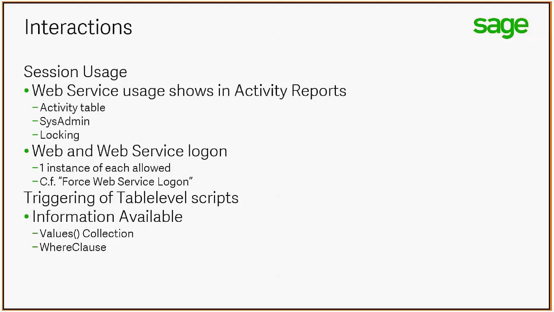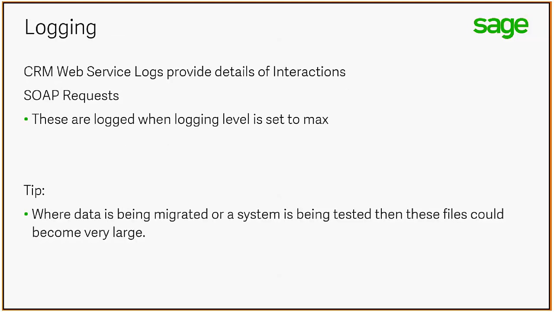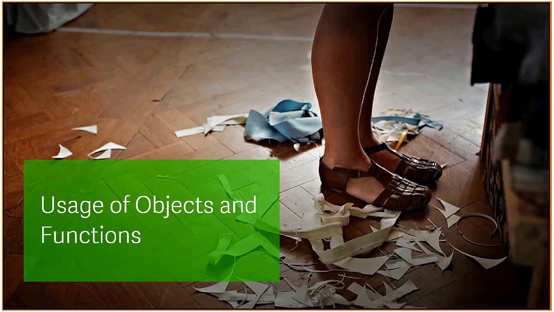We just have to be aware of it, and we also have to understand that we're going in through the EWDLL, and so we would have interaction with table level scripts as well. Okay. We've seen the logs, and we understand how everything is coming through into the logs and seeing how that's structured.